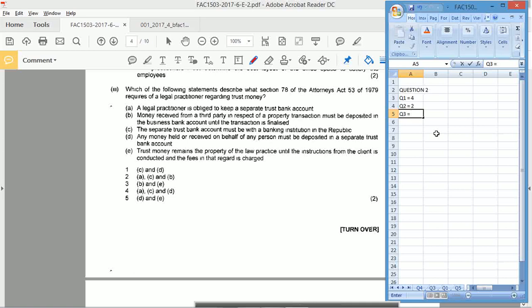Money received from a third party wouldn't be the business's account. The separate trust account must be with a banking institution in the Republic, obviously. So C, definitely. And D, any money held or received on behalf of any person must be deposited in a separate trust bank account? Definitely. So A, C, D. 4.